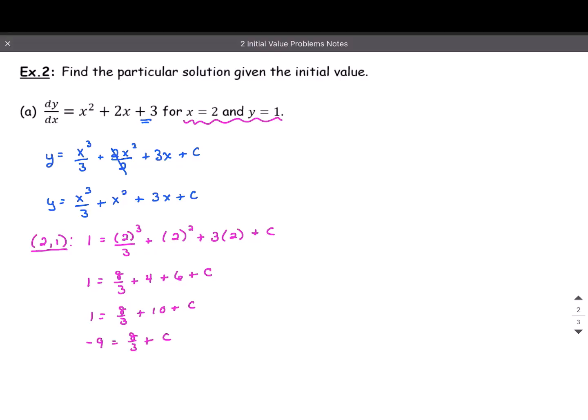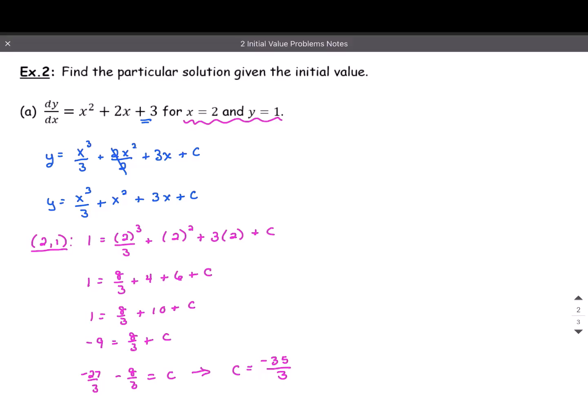In order to solve for c, we're going to need to subtract that 8 thirds from both sides, right? But if I want to be able to combine that with a negative 9, I need to write negative 9 with a denominator of 3. So that would be negative 27 over 3, which means that our c is negative 35 over 3. Now remember, we're not done.